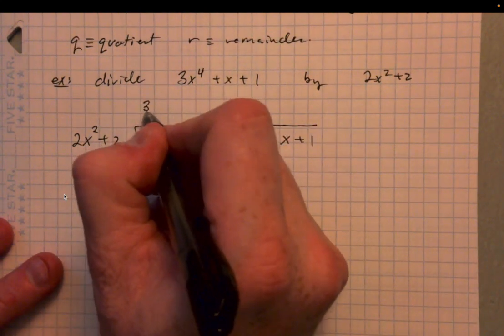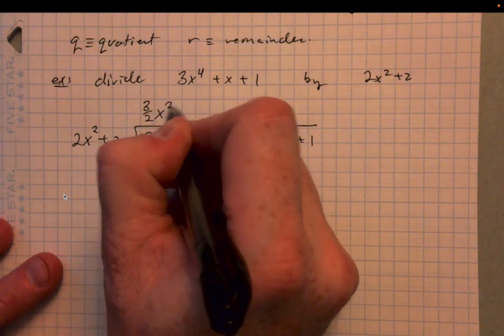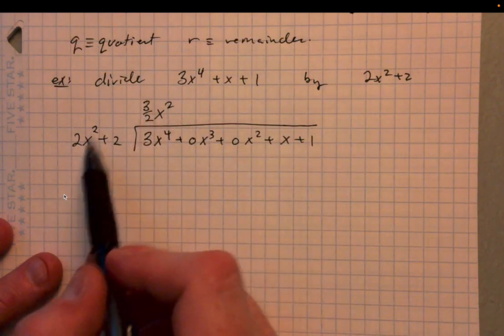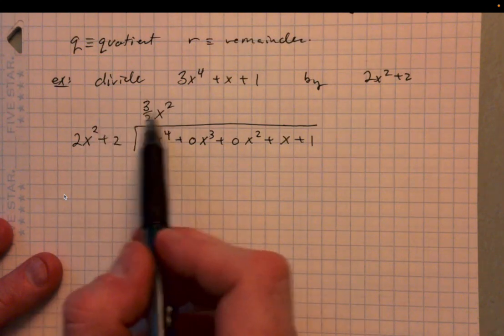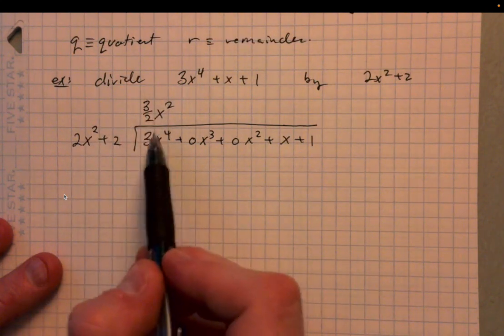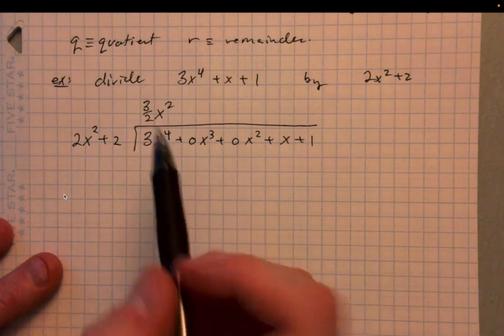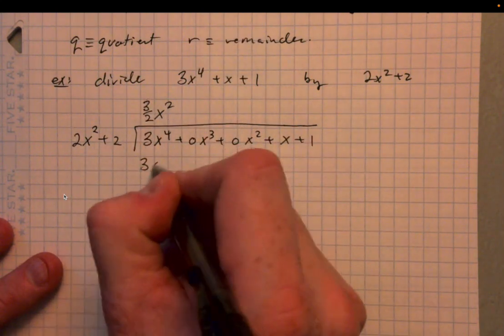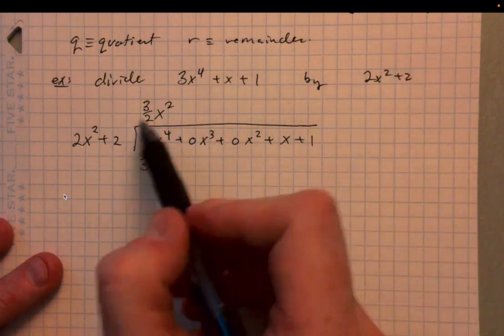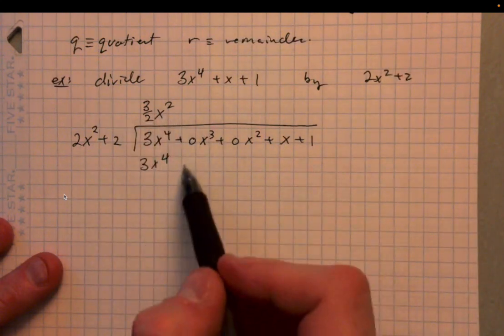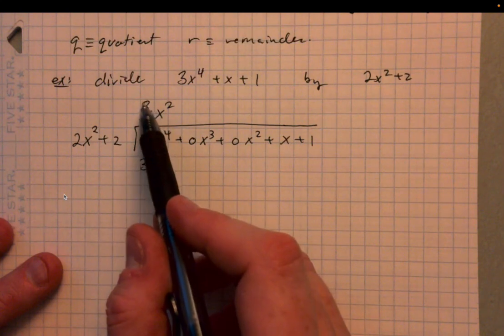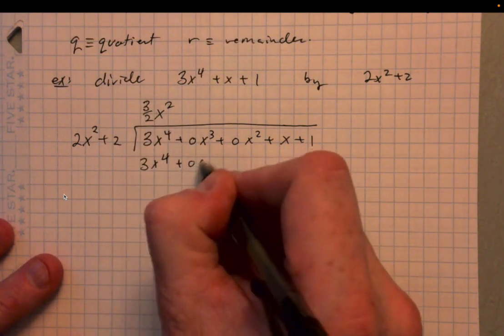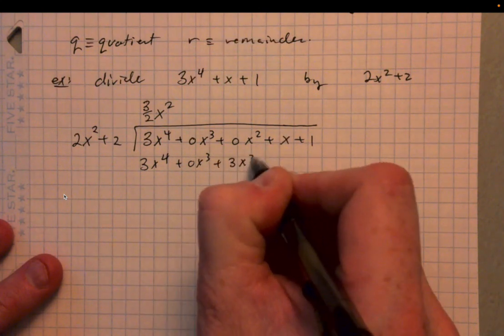And we would start by saying 3/2 x squared. Remember, what we're trying to do is, when multiplying this term by this front term, we want it to equal this, and so that's hence the 3/2. So 3/2 x squared times 2x squared is 3x to the fourth. Okay, so that's that one, and then we have to multiply this times this, so that would be 3x squared, and so it'd be plus 0x cubed plus 3x squared.